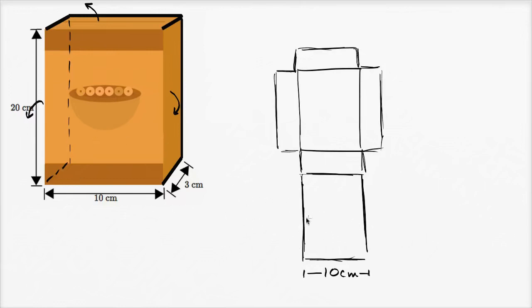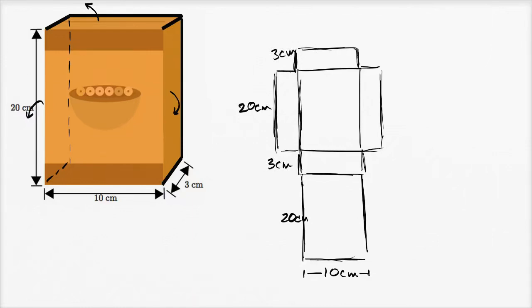So this is going to be 20 centimeters right over here. Then you have another 20 centimeters right over here and right over here if you like. And then you have, see, the depth of the box is 3 centimeters. So this is 3 centimeters, 3 centimeters, and then this is 3 centimeters.